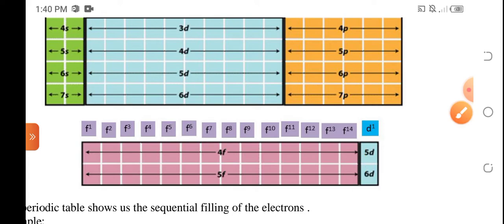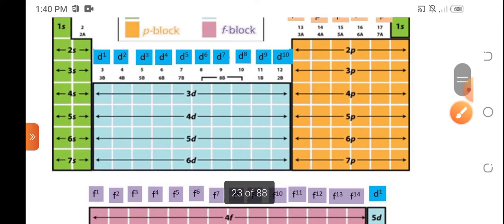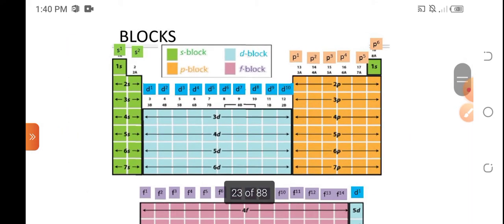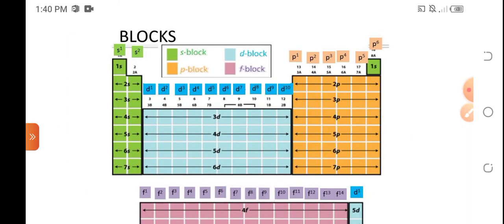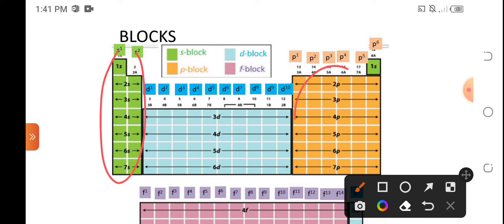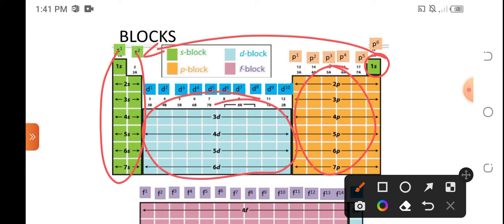Okay. So let's repeat: we have the horizontal division in the periodic table, and that is period, and the vertical division is grouping, and we also have blocking, which includes the S, P, D, F blocks. So this is the S block, the P block, helium is included in the S block, and then we have 10 here, the D block.